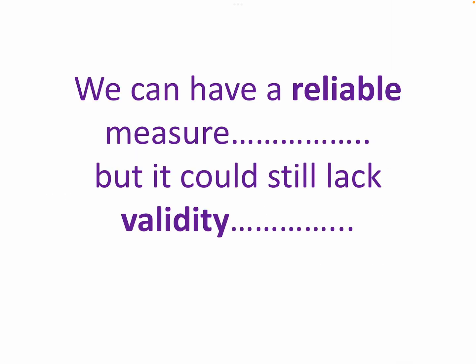Just one final point is that we can have a reliable measure, but it could still lack validity. These are two terms that we use a lot in psychology, and they mean different things. Yes, they're related, but they mean really different things. So I want to illustrate this with an analogy. Obviously, you wouldn't talk about this in a response, but this can be a useful analogy just to get you thinking about the difference between reliability and validity.